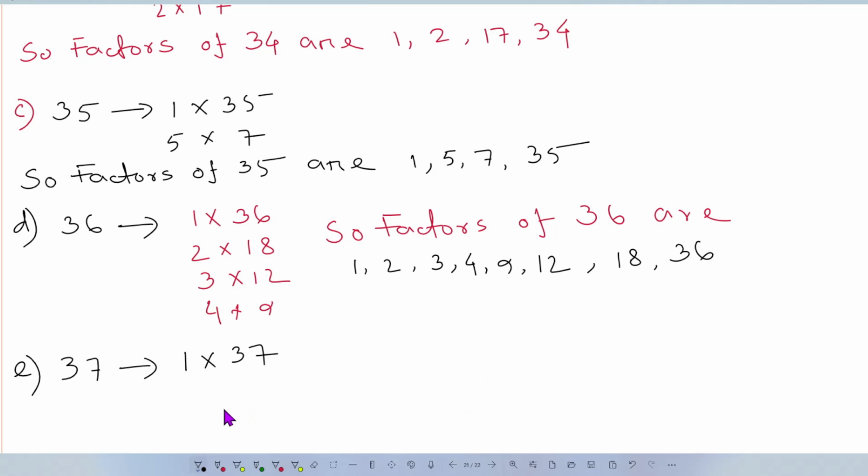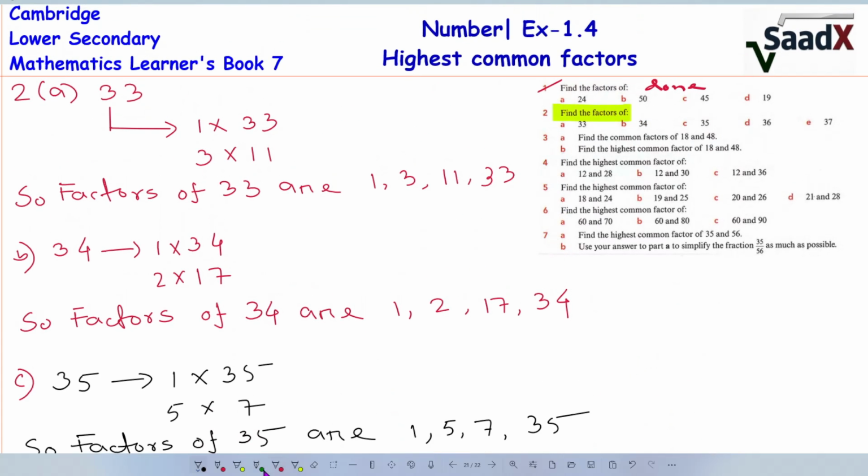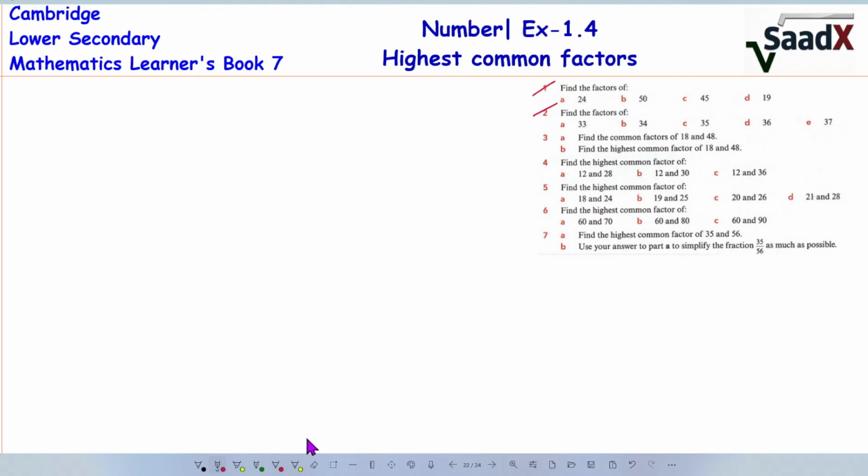Okay, so we can write factors of 37 are 1 and 37. Okay, so number 2 done. 1 and 2 done. It's very simple. We are just trying to find out the factors. Now number 3.